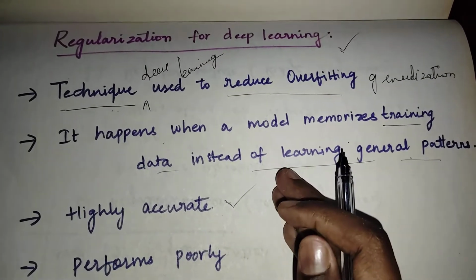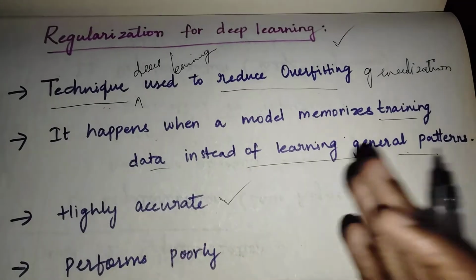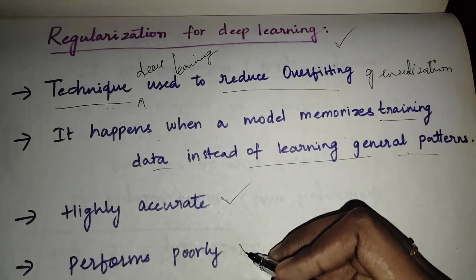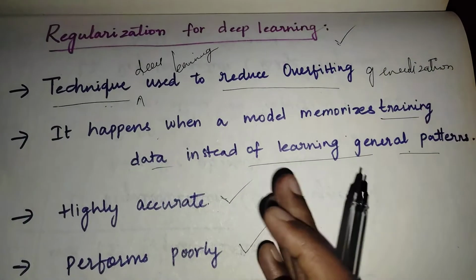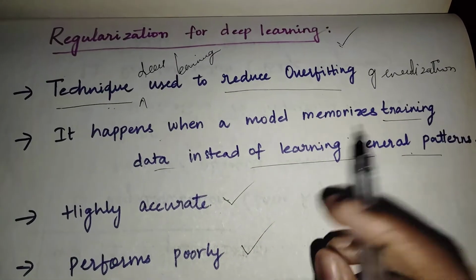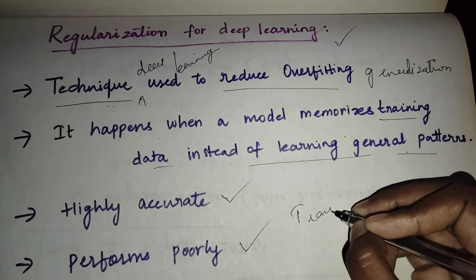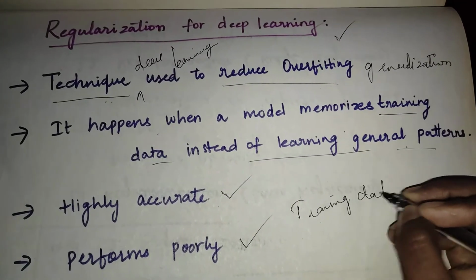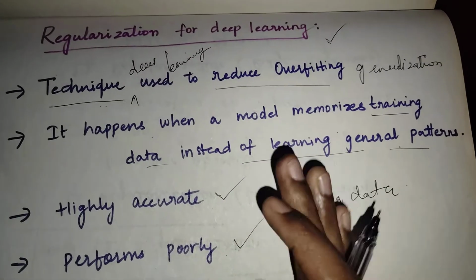A highly overfitted model performs well on the training data, but it performs poorly on new data.